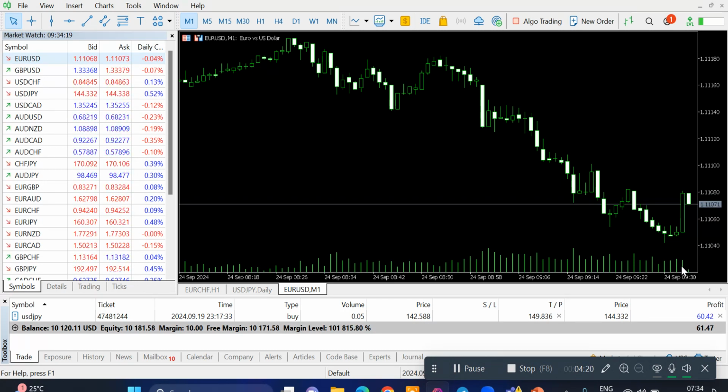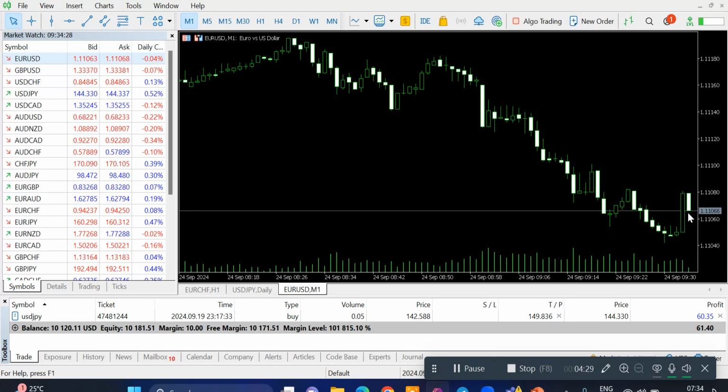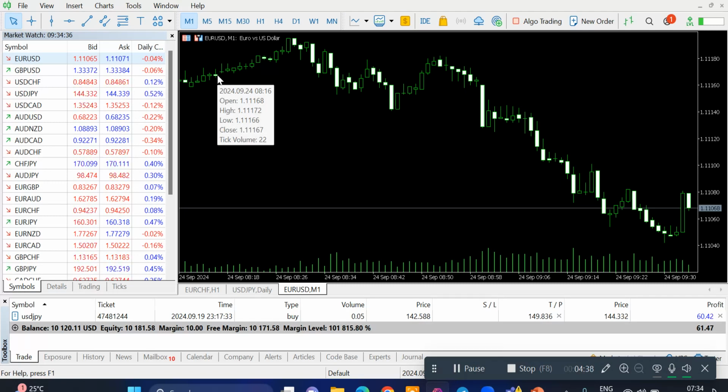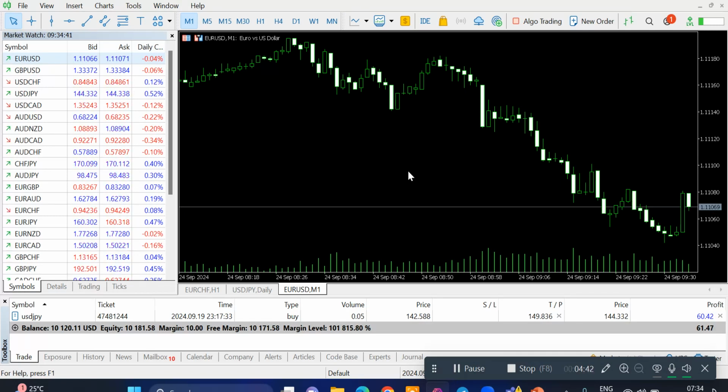Now, a bearish candle, as you can see, notice that when price was going up, this was unshaded. Now that it has opened and started going down, can you see that it is shaded? And all of this happens within the 1 minute time frame, which means 60 seconds. Remember, 60 seconds make 1 minute.